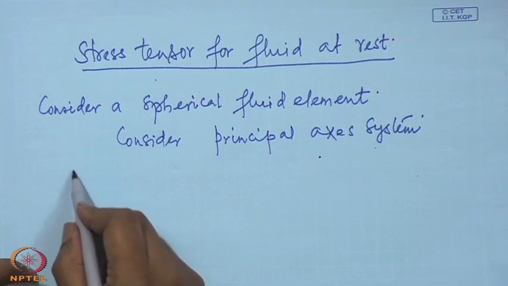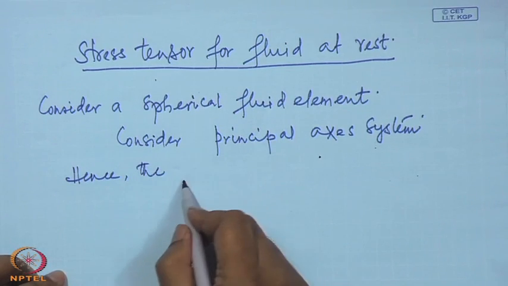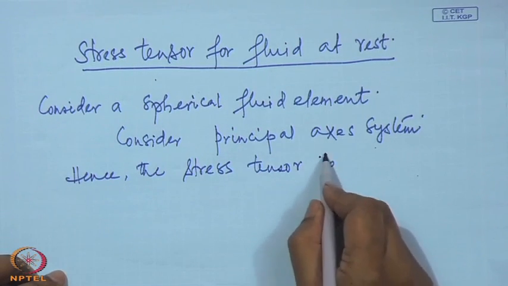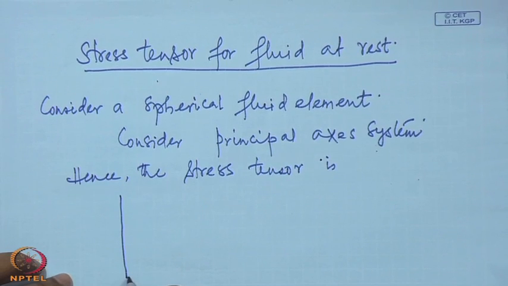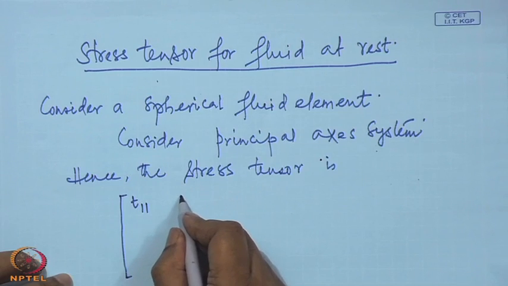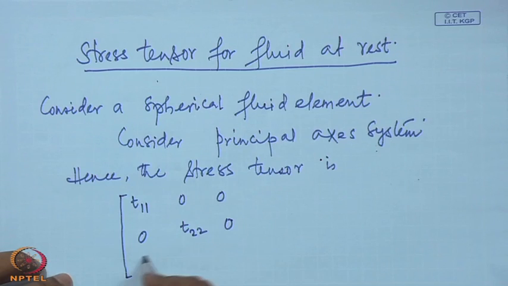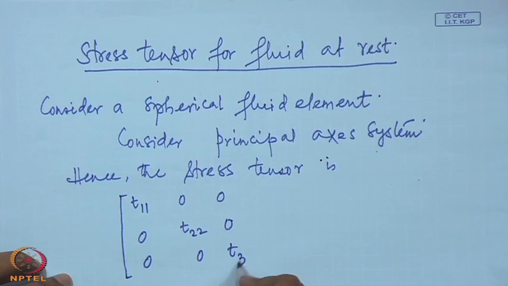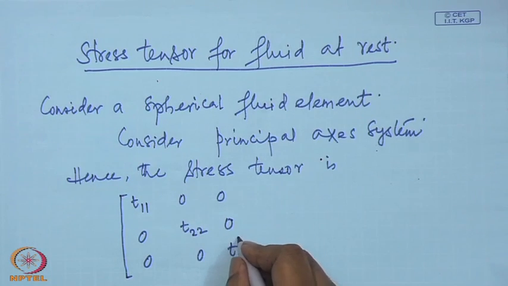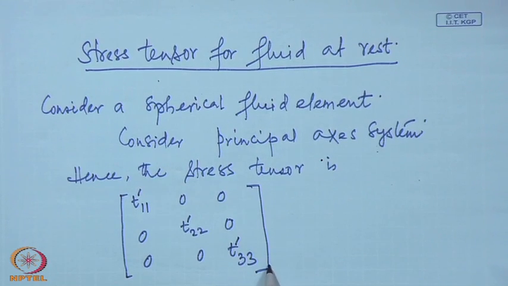So, the stress tensor is what we have already written: T11 0 0, 0 T22 0, 0 0 T33. To make clear that this is the principal system, let us denote it with a prime. These are now the principal stresses.